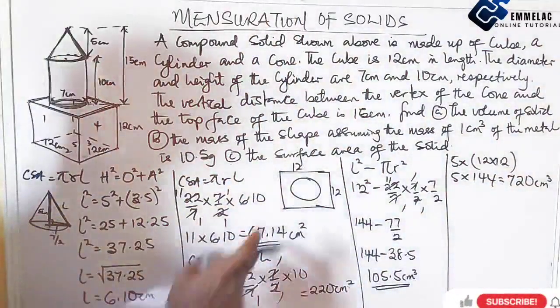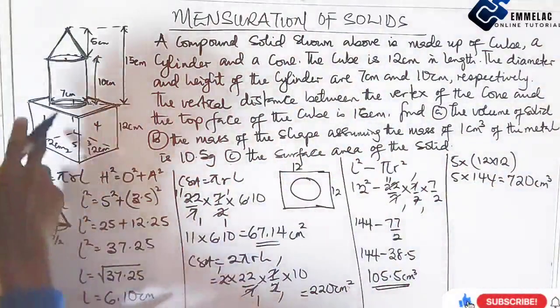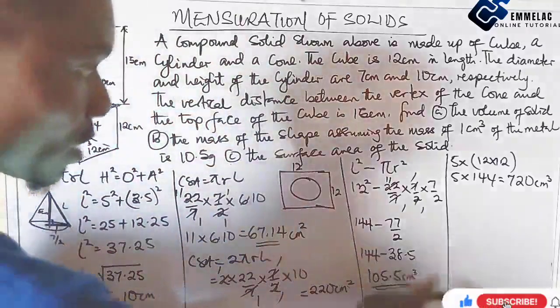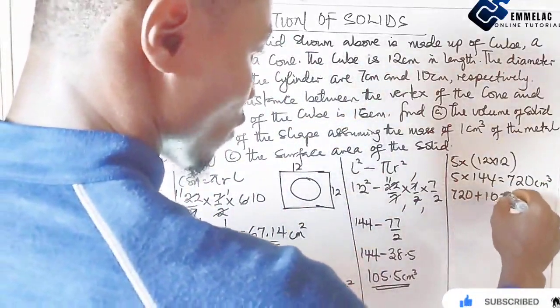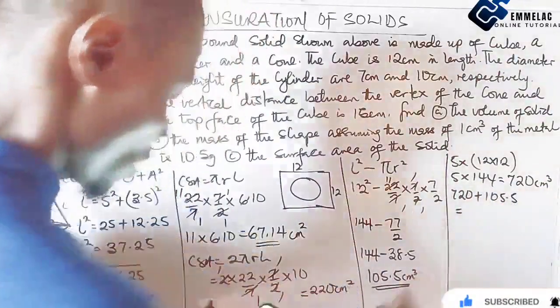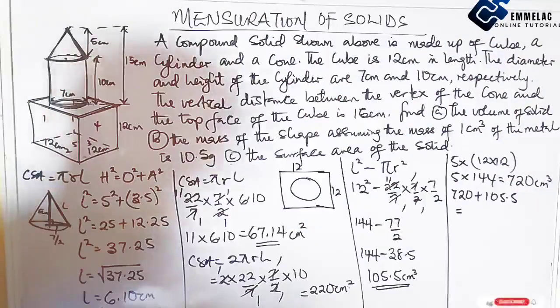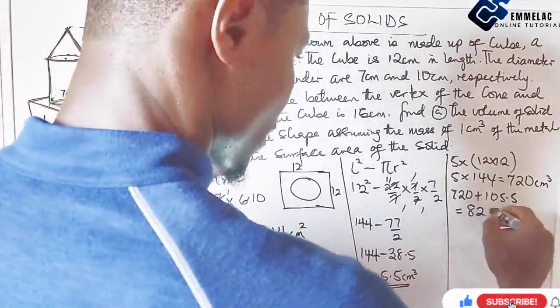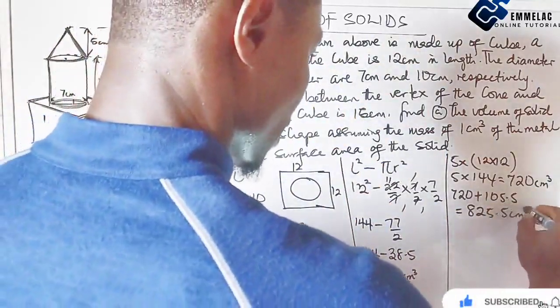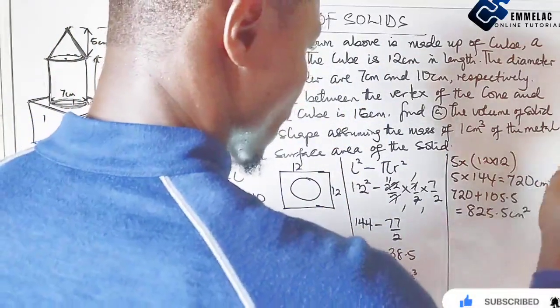So for the total, the surface area of the cube will be this plus this. That will be 720 plus 105.5, which will give us 825.5 centimeter. Sorry, this is square.